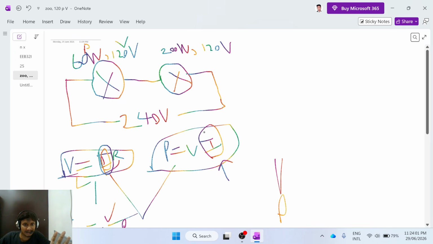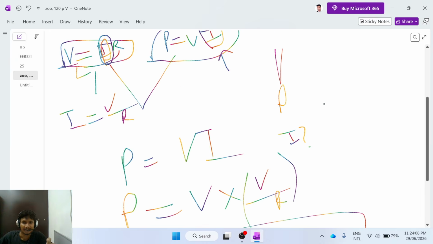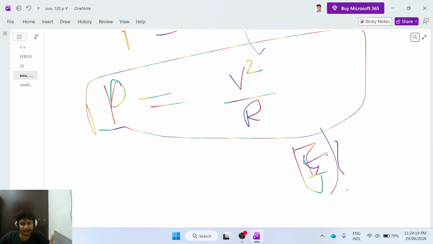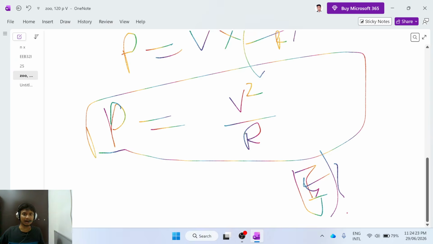Only memorize these two very simple equations, and you can modify them according to the question. Because we don't know I, we substitute another equation instead of I, and we get P is equal to V square by R.